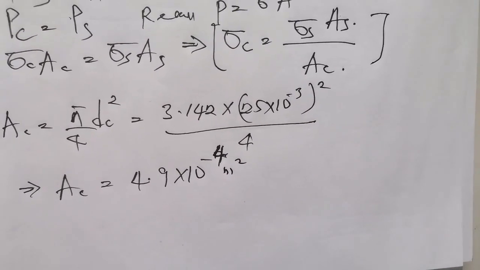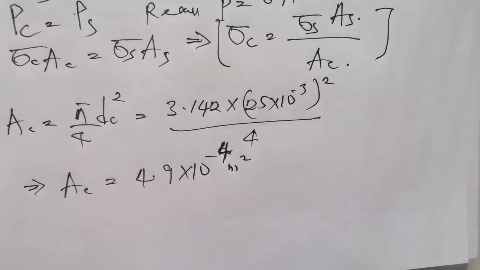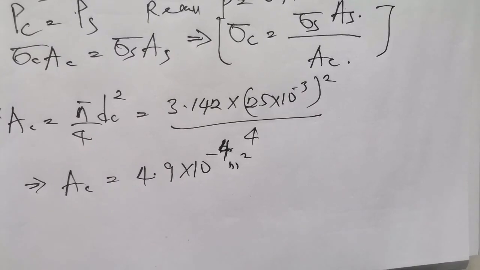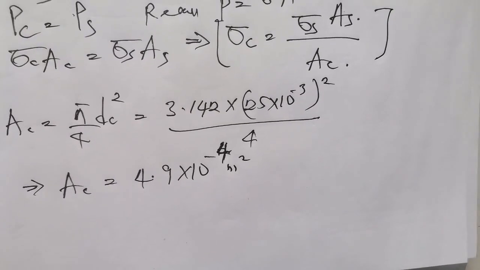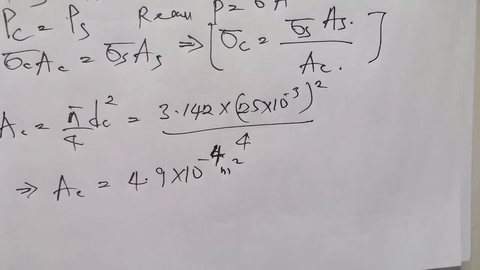Next, we'll find the area of steel. But observe that steel is actually a hollow material, so it has external and internal diameter as was given in the question. So we've obtained the internal diameter and we know the external diameter.